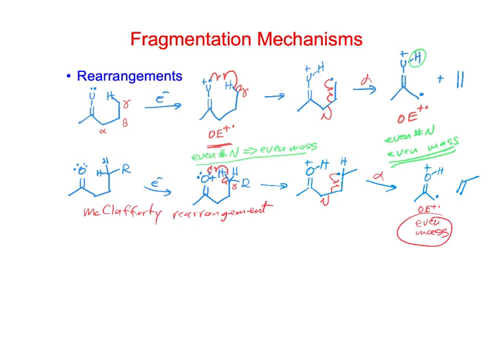Okay. You can also have these types of rearrangements with other types of pi bonds. So let's say we have something like this, and this gets ionized in the benzene ring.